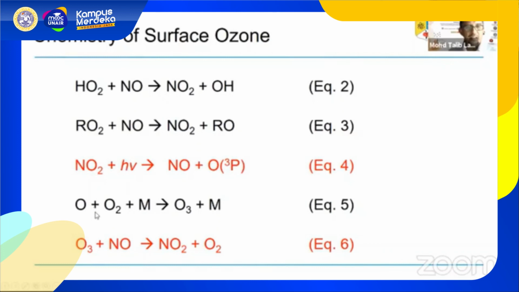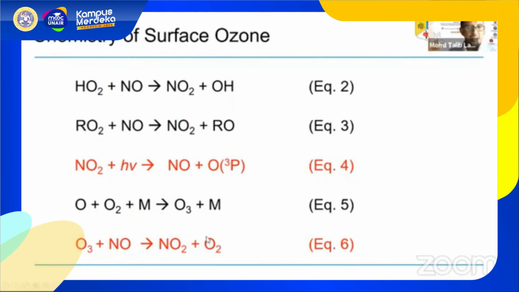And after that, because in the city center we have a high amount of NO, the NO titrates the O3. So when we have lockdown, this NO is reduced, so the formation of NO2 to O is also reduced.